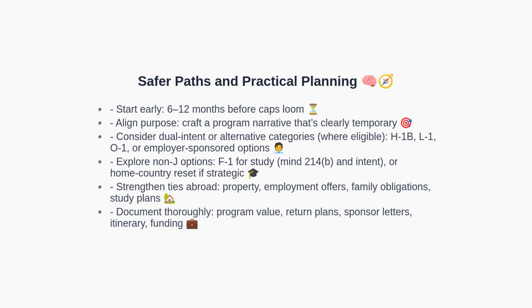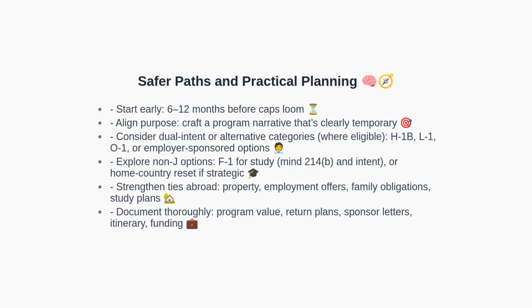When caps approach, starting early is essential. Begin planning 6 to 12 months in advance to build a strong, temporary exchange narrative. Consider whether you qualify for dual intent categories like H1B or L1, or extraordinary ability categories such as O1, which may better align with long-term goals.